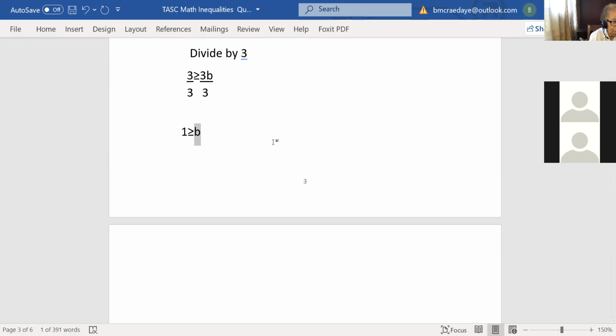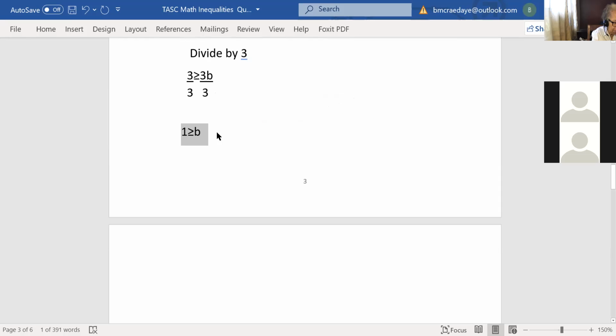Whenever you have an inequality, you've got to reverse the inequality symbol. So this becomes b less than or equal to 1.